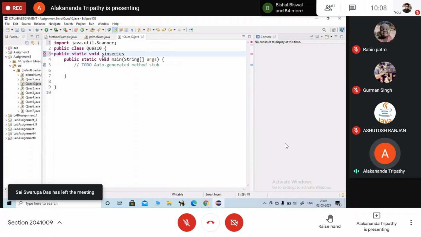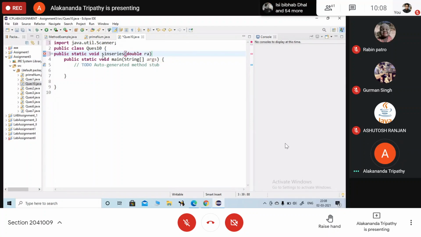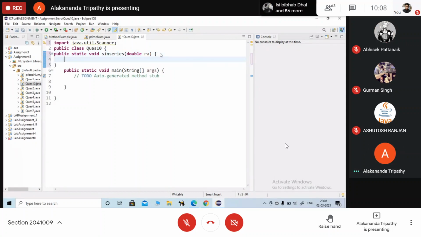Let my method name be sine series, and here I am going to input the value in terms of gradient, double gradient. In the main function, we are supposed to call the method. Method को हम लोग call करेंगे.